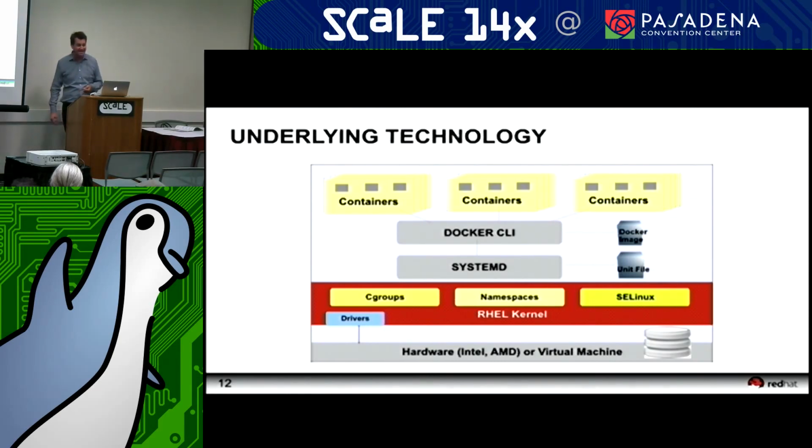And so what are the underlying technologies that really bring containers to the real world? And there are several key technologies. First off is control groups. Right? This provides resource management. Google did a lot of early work around this.